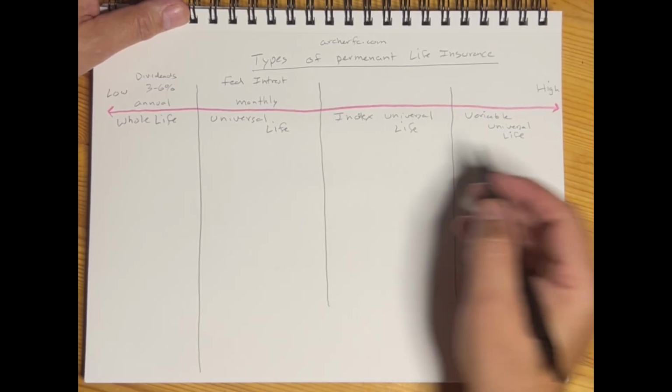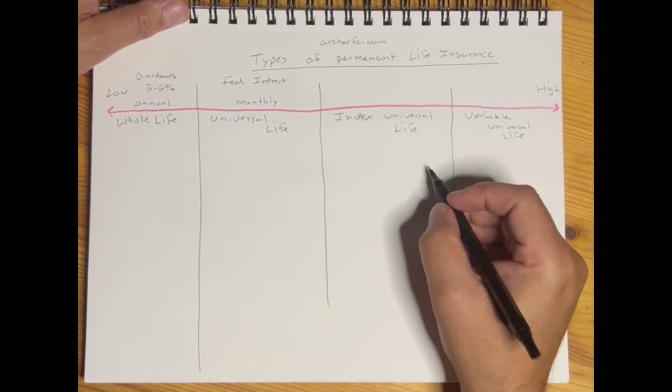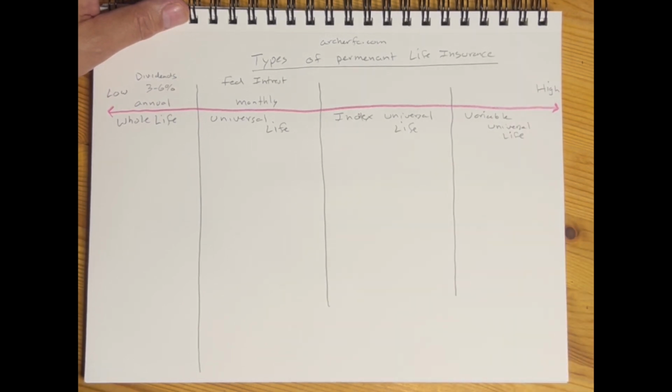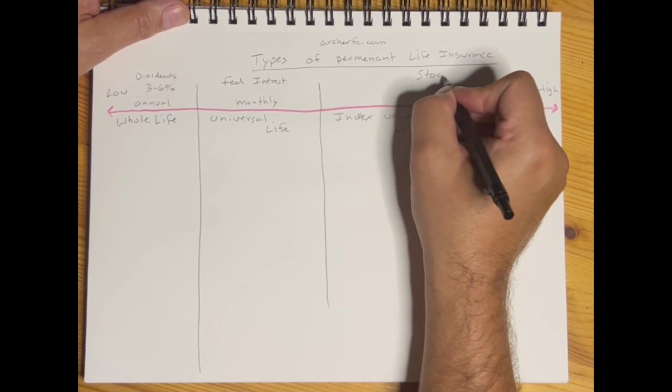Now, as we go right along this line, the reason that the index and variable universal life is higher risk is because your money is put into the stock market.